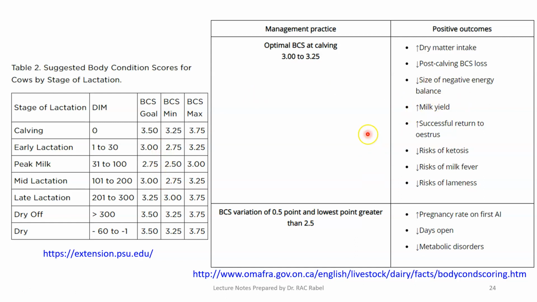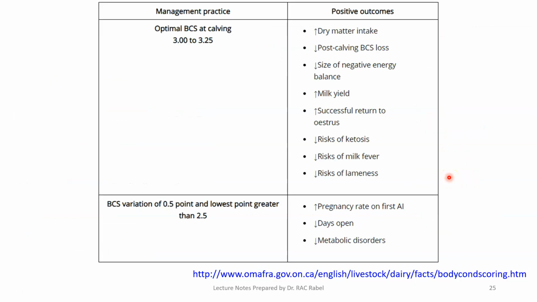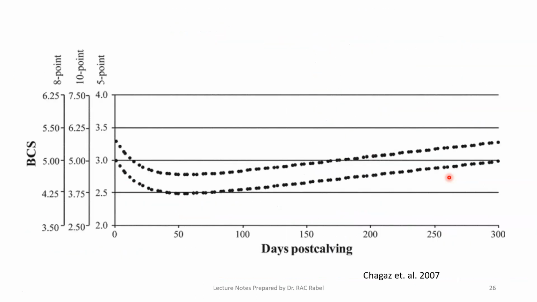Just read up on these, the advantages and disadvantages of maintaining optimal body conditions. Remember, I told you earlier about the production and reproduction aspects of different stages. All these are interconnected, so look at these different diseases. You need to be aware of these.